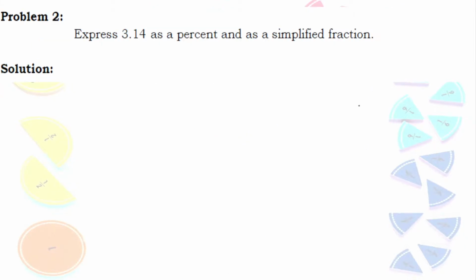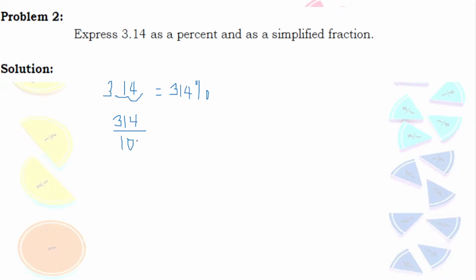3.14. So first, we will make it a percent. 3.14. Just move 2 places from left to right. And then we will get 314%. And then, we will make it a fraction. 314 over 100 because percent is per 100.